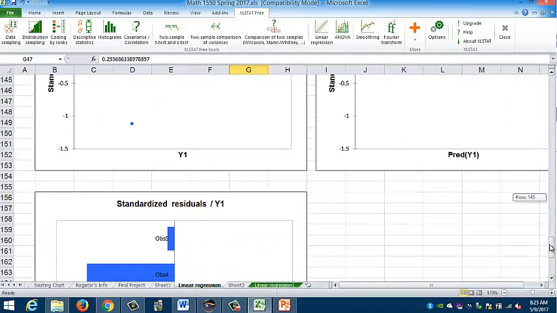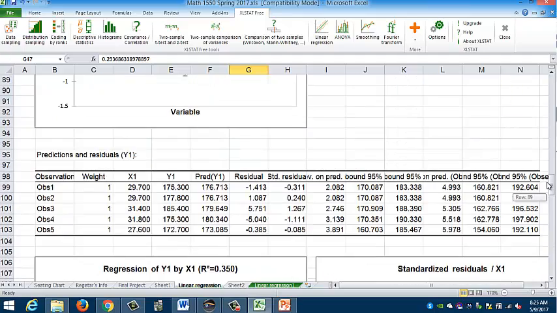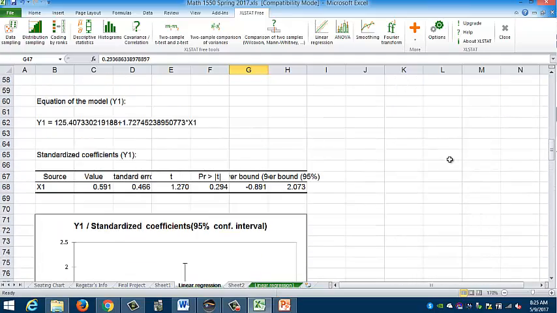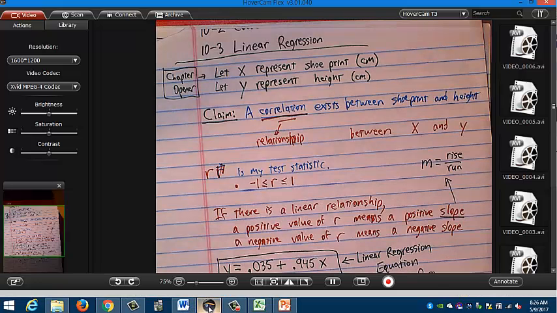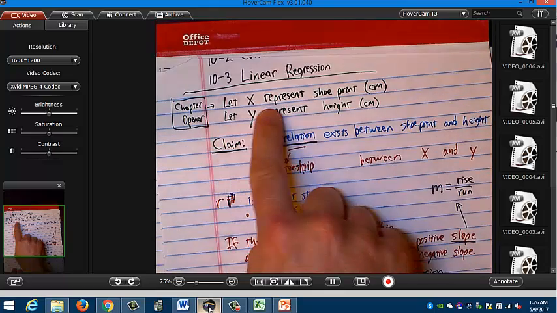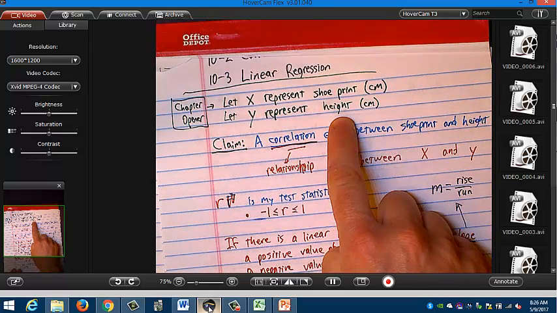Where's the model at? They give you the equation. Oh, right here. So y1 is 125.4 plus 1.72x1, right? That's the line they graphed. But my point is, guys, when you look at the problem on the board, and I ask you, is there a correlation between shoe print and height?